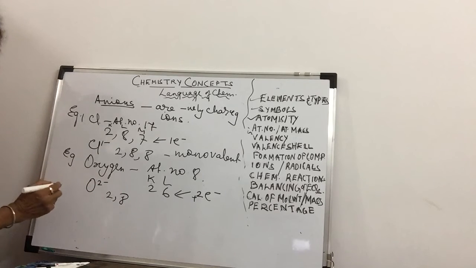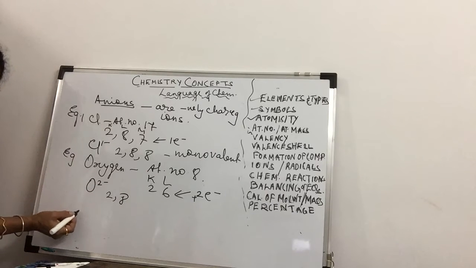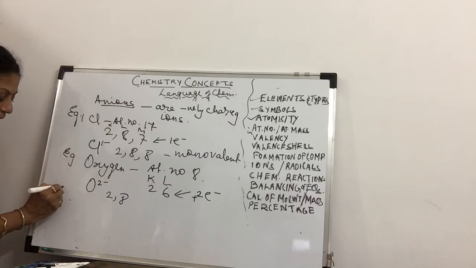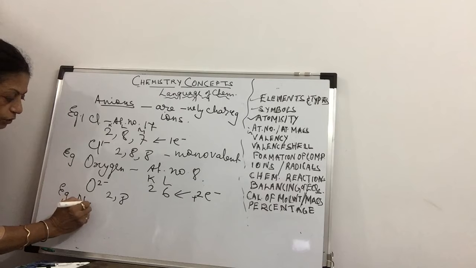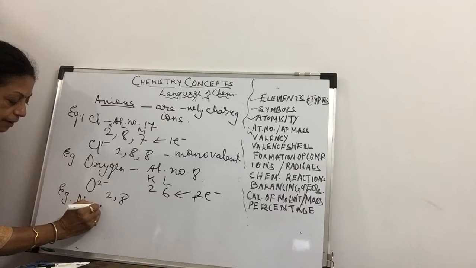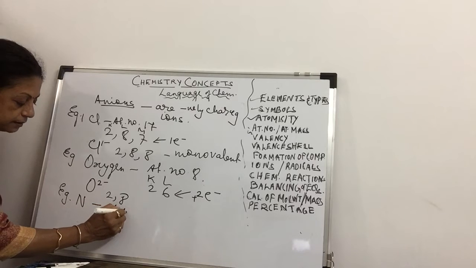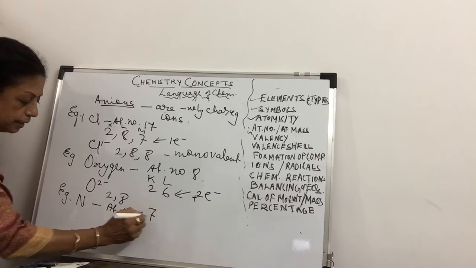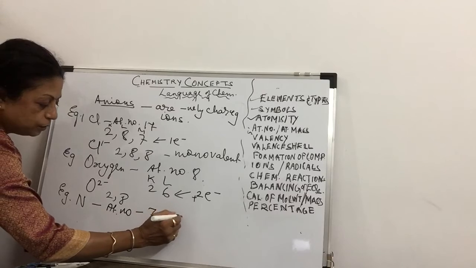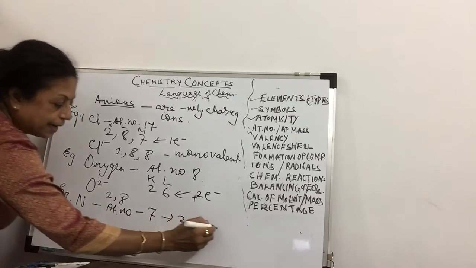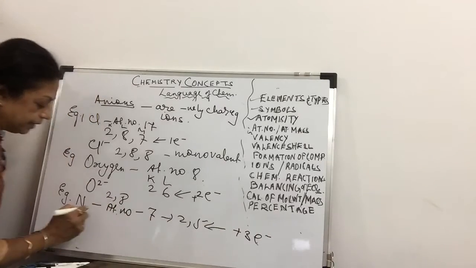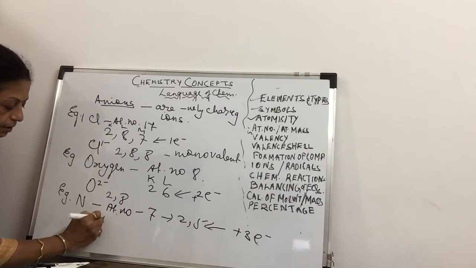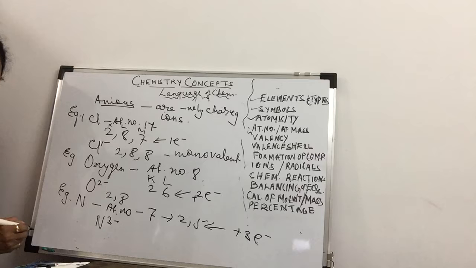In the same way, if it is nitrogen, nitrogen has atomic number 7. So the electronic configuration will be 2 and 5. So it can take 3 electrons. When it takes 3 electrons, it becomes 3 minus, correct?